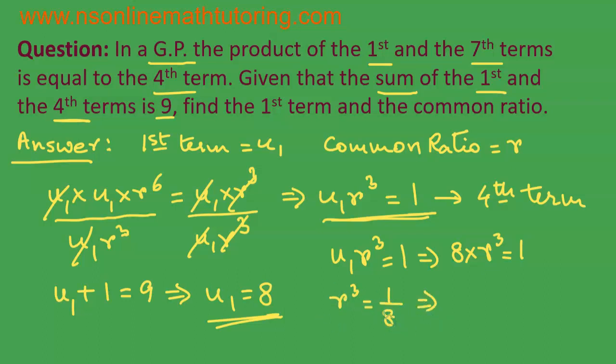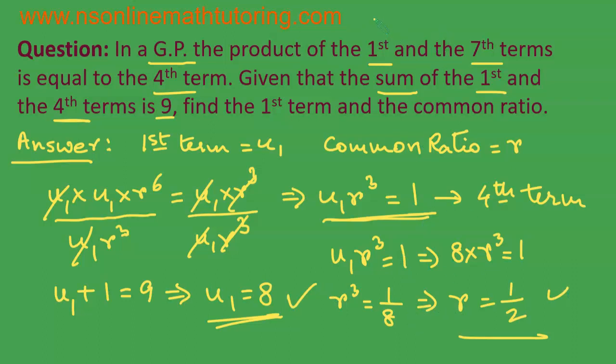And again, if we take the cube roots of both the sides, we have the numerical value of r, which is equal to half, 1 over 2. Okay. Therefore, we have got the first term and the common ratio of this geometric progression or geometric sequence.